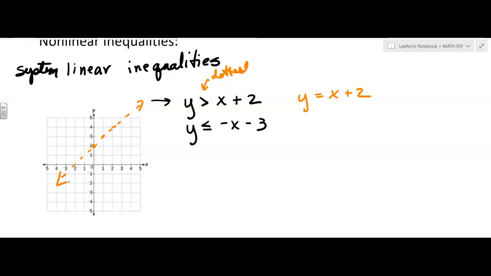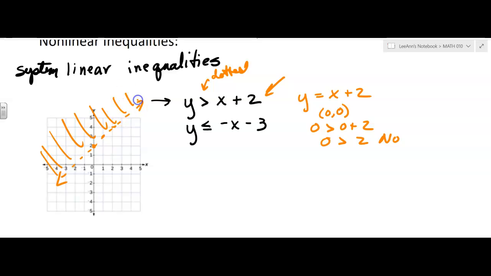Then we had to know how to shade it, so we picked a point not on the line, a lot of times 0, 0, and plugged it into the inequality. 0 is greater than 0 plus 2, so 0 is greater than 2? No. So it would be this side of the line over here, not where 0, 0 is.